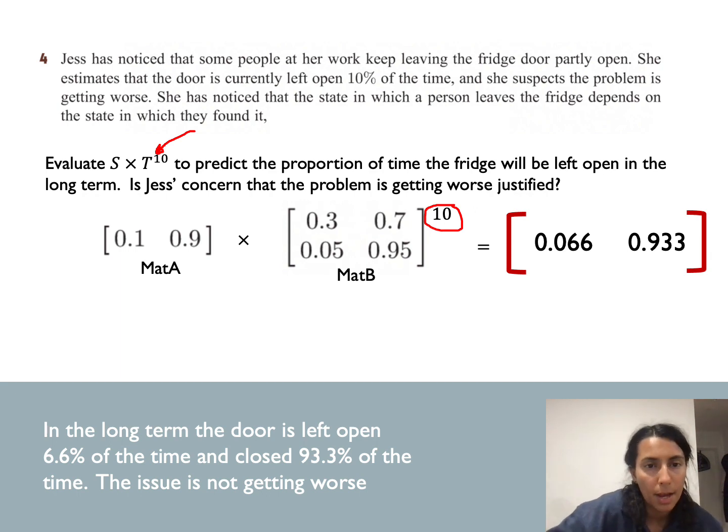If we compare it back to the current state, which was being open 10% of the time, the issue actually isn't getting worse, it's getting better. So her concern is actually not justified. So that is how you do a question on transition matrices.